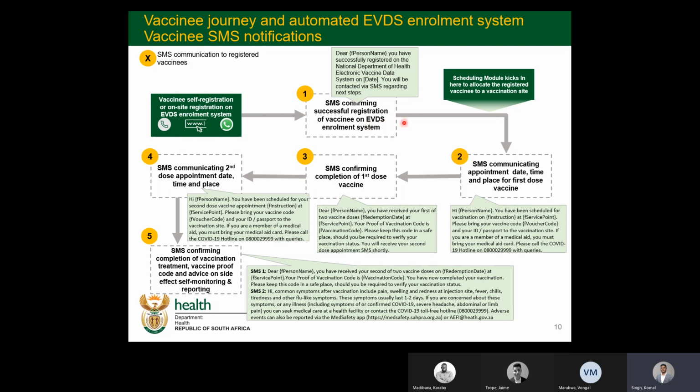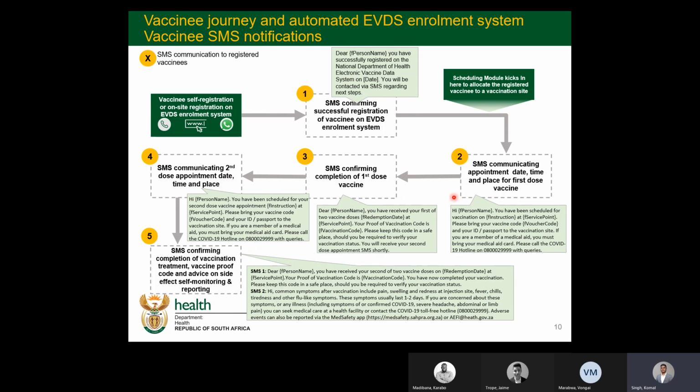Once you receive the SMS, this is where the scheduling module kicks in and allocates the registered vaccinee to a vaccination site. This is dependent on various business rules that are built in, and once those business rules have been matched, the vaccinee should receive a second SMS communicating the appointment date, time, and place for the first dose of vaccination.